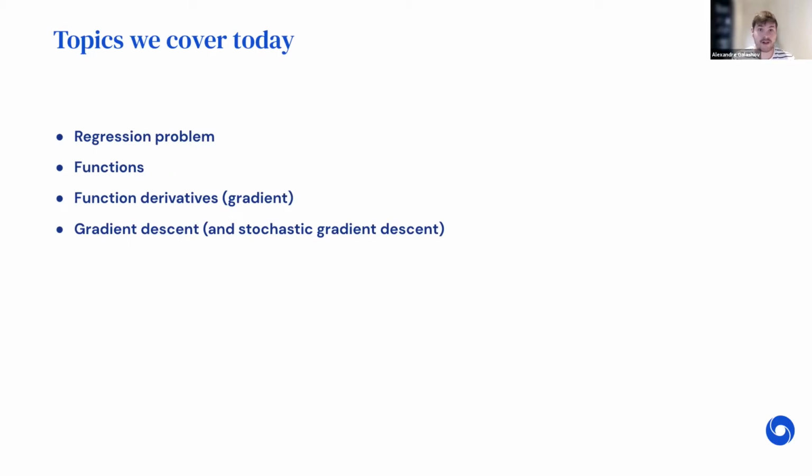Then a gradient of the function, or function derivative. It's an object which quantifies how the function changes, which is quite important in machine learning because it gives rise to algorithms such as gradient descent, or a more practical variant, stochastic gradient descent. Using these algorithms, you can solve some machine learning problems. So let's just start.